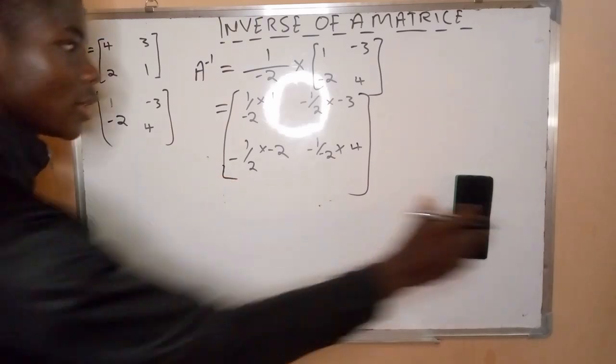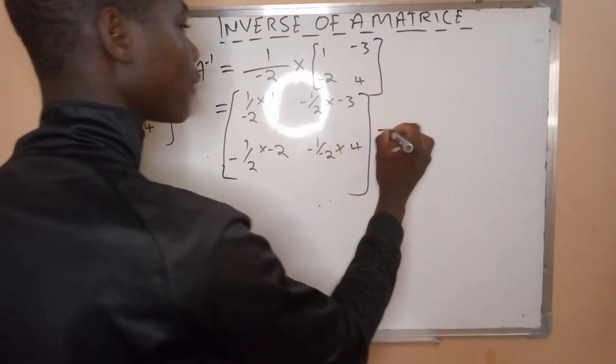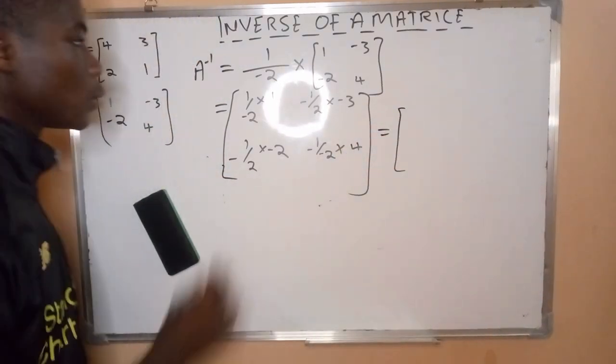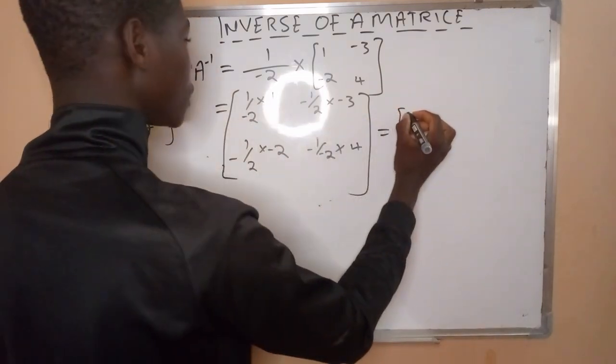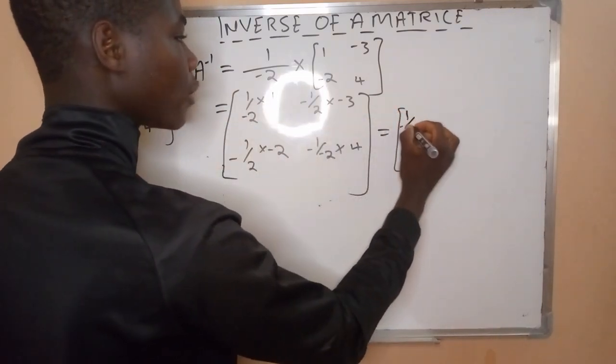So this will be equal to 1 multiplied by 1, I'm having minus 1 over 2.